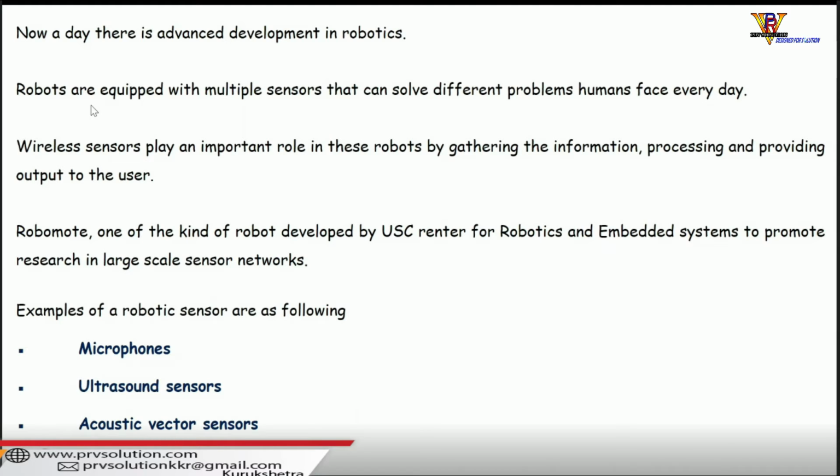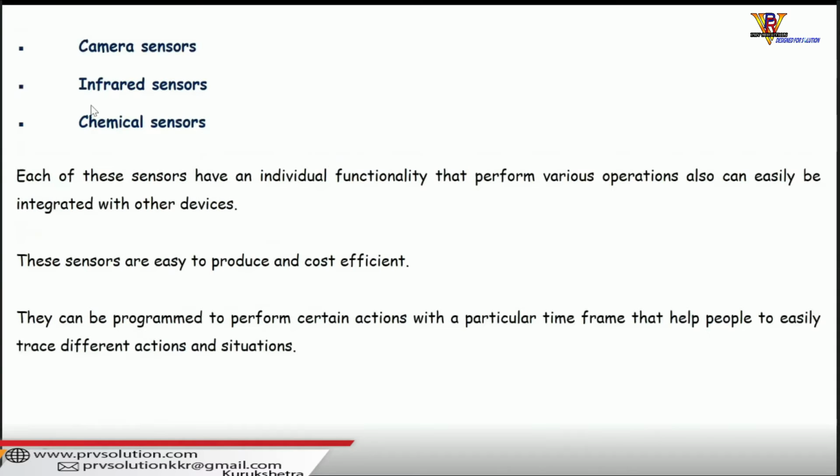RoboMote is one kind of robot developed by the USC Center for Robotics and Embedded Systems to promote research in large-scale sensor networks. Examples of robotic sensors are microphones, ultrasound sensors, acoustic vector sensors, camera sensors, infrared sensors, chemical sensors. Each of these sensors has individual functionality to perform various operations and can easily be integrated with other devices.